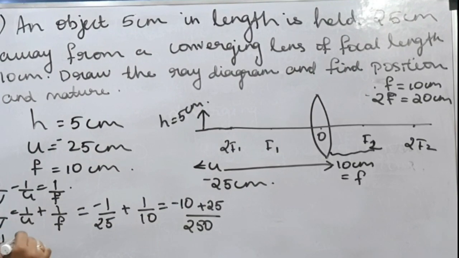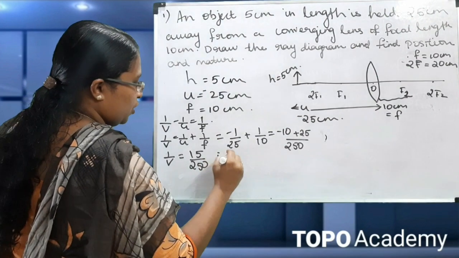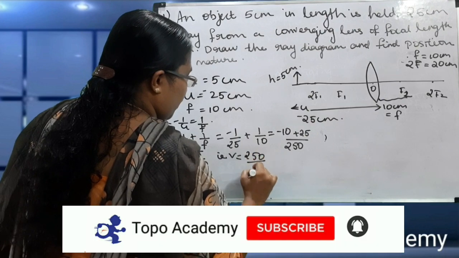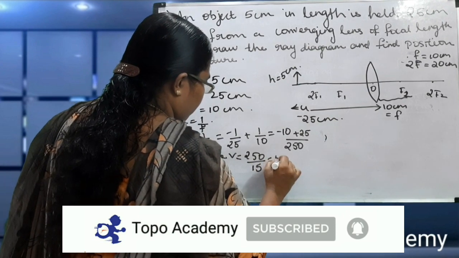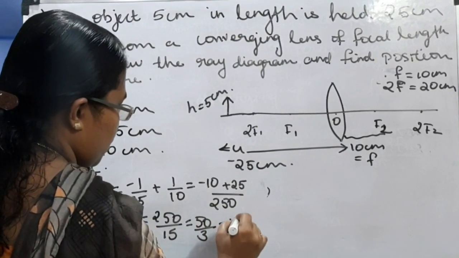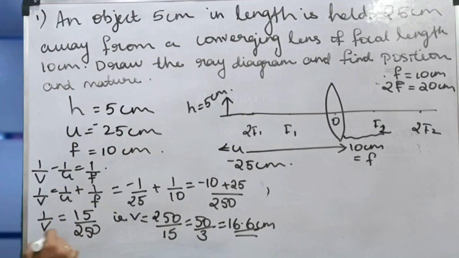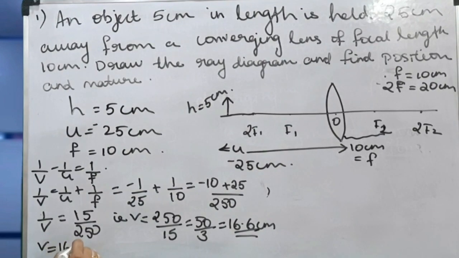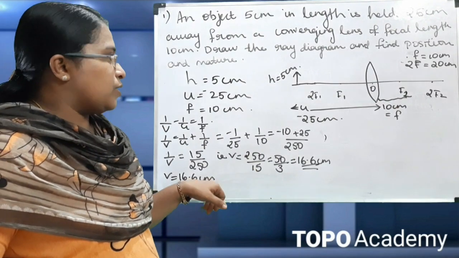So 1 by V is equal to 15 divided by 250. So V is equal to 250 divided by 15, which is 50 divided by 3, equal to 16.6 cm. So V is 16.6 cm.